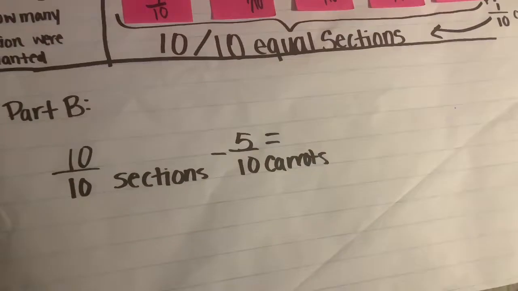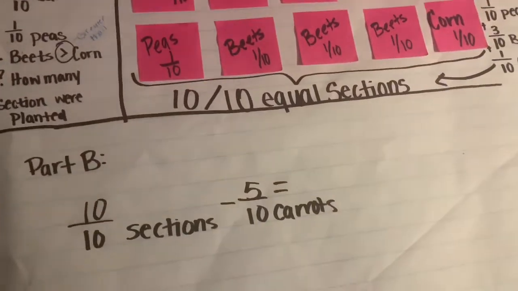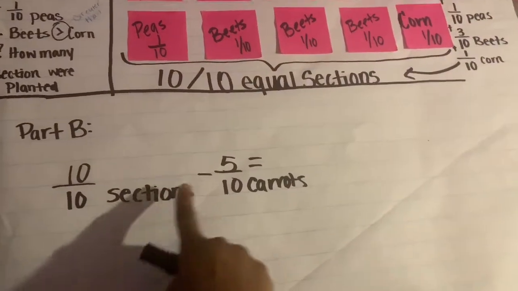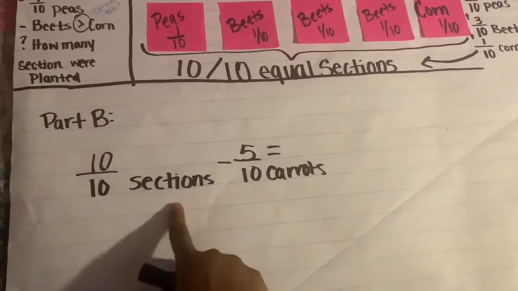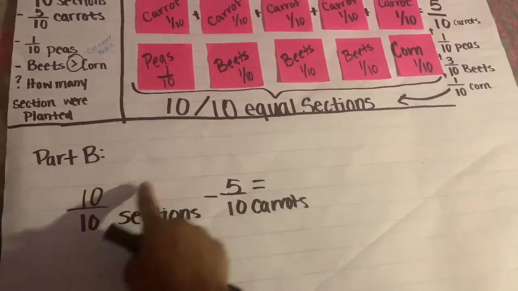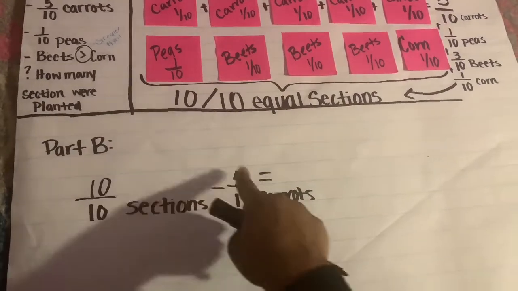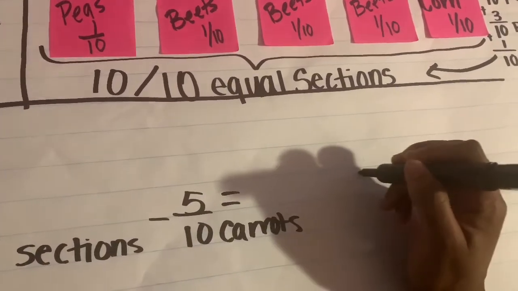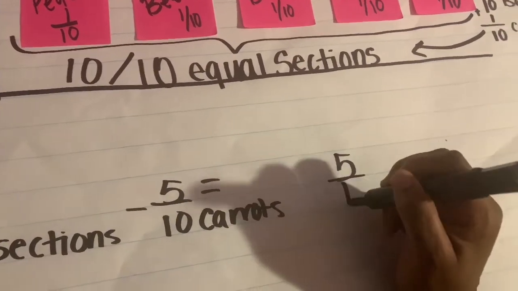And 10 tenths minus 5 tenths is, when I'm subtracting a fraction, I never have to change my denominator if they are the same. So I only have to pay attention to my numerators. 10 minus 5 is, you guessed it, 5 out of 10.